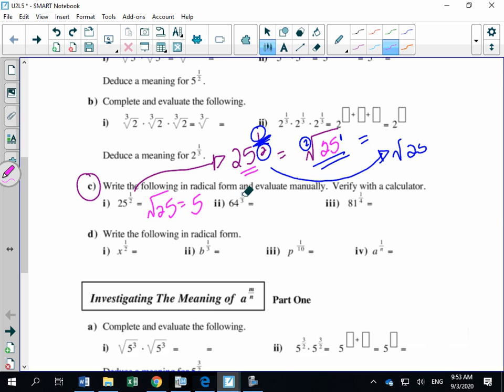64 to the power of 1/3. Let's write this as a radical. So 64 goes there. My root is underneath my ground, so my root is 3, and the power is 1, but I'm going to erase that 1, and I'm just going to have the third root of 64. Let's calculate what that is on our calculator. Let's actually punch both these in so that you get practice.